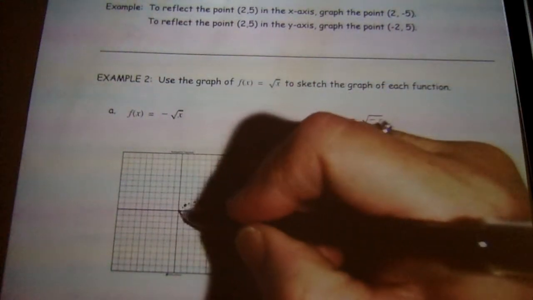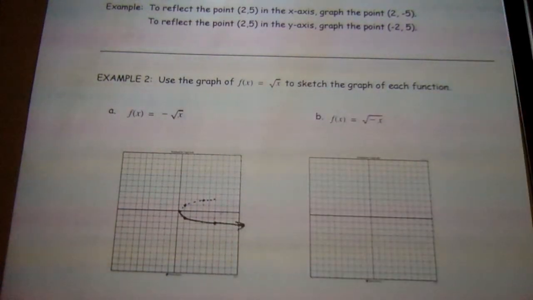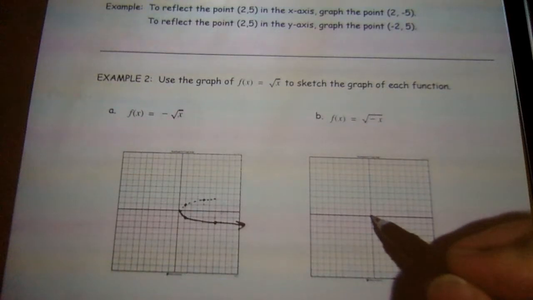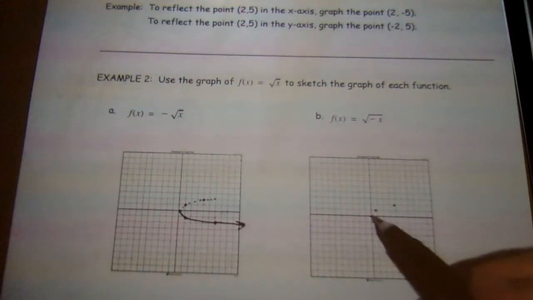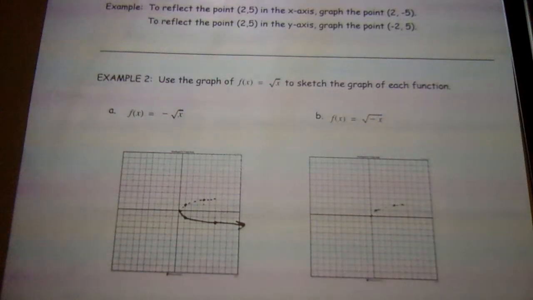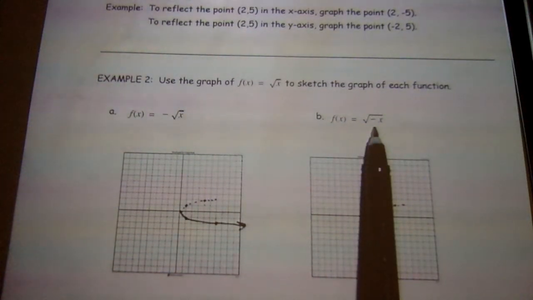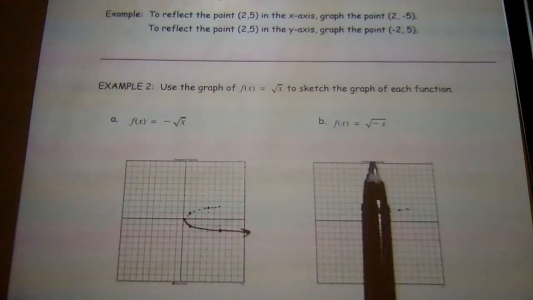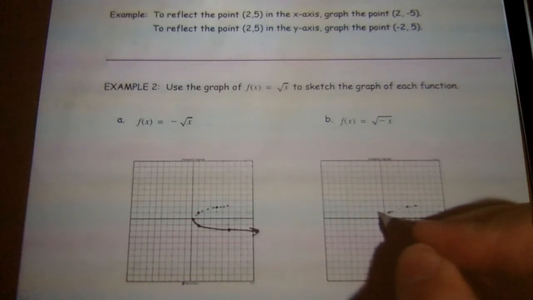So it looks like that. Negative inside flips it over the y-axis. So it just gets reflected.